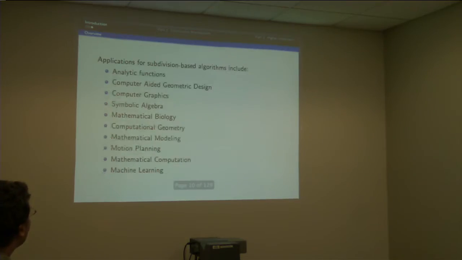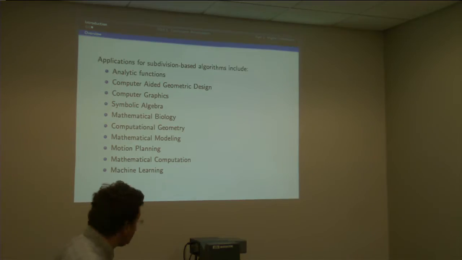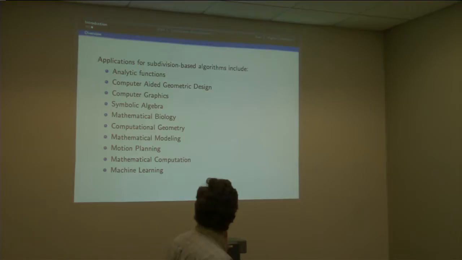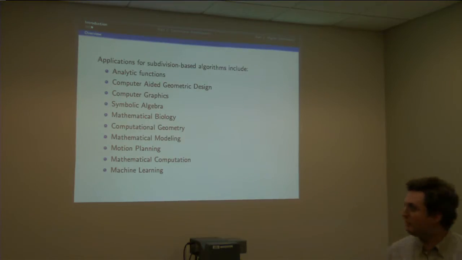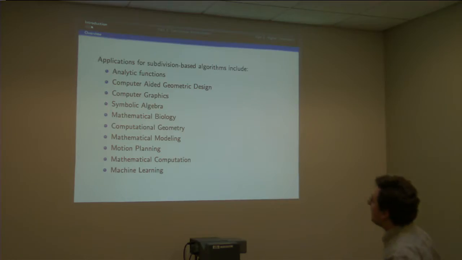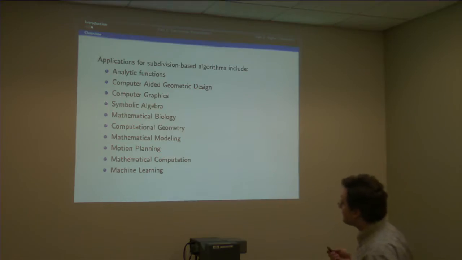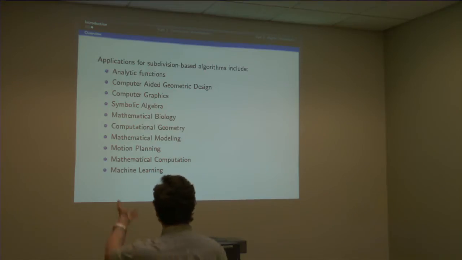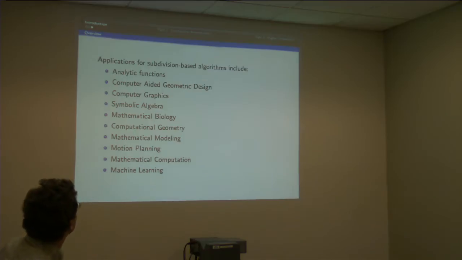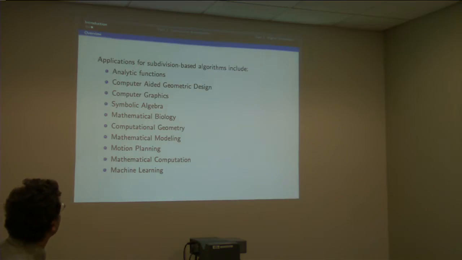And applications: you can use these subdivision type techniques for many different problems, and there's a list of problems, some of which I found by Googling and some I know about, but there's a whole bunch here. The approach of subdividing an input domain into smaller and smaller pieces shows up in many, many different situations. And that's what we're going to be looking at.